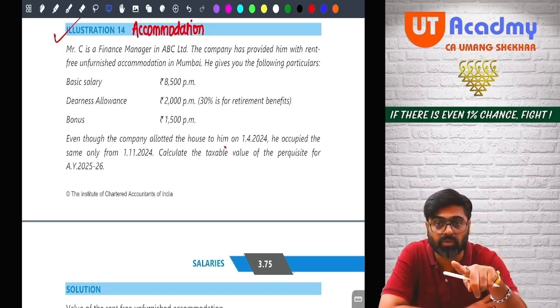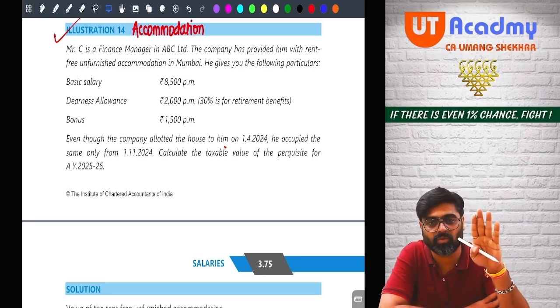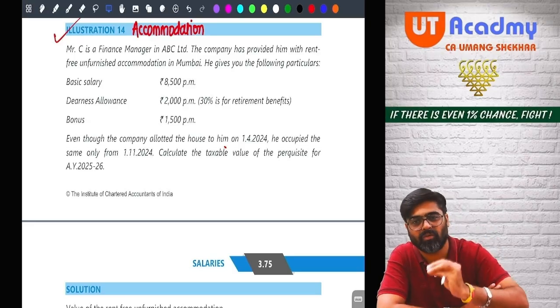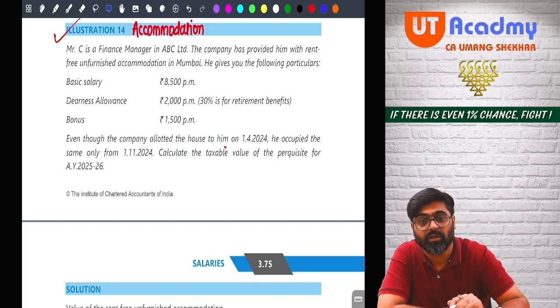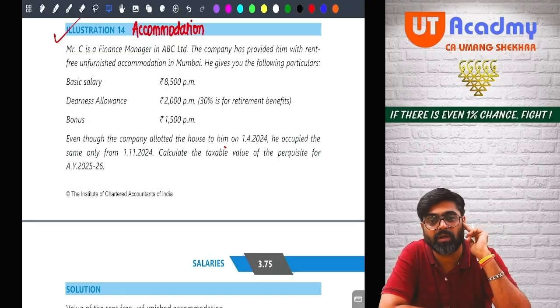But when it comes to metro cities, they will deliberately not tell you how much the population was. Because as a CA student, you should have such small amount of common sense that since this is a metro city, it will definitely have a population of more than 40 lakhs. Or sometimes, for other cities also, they will not give you the population.